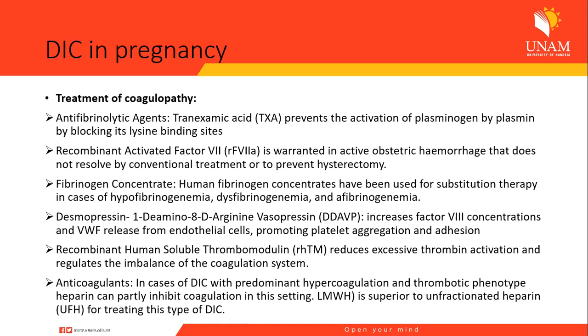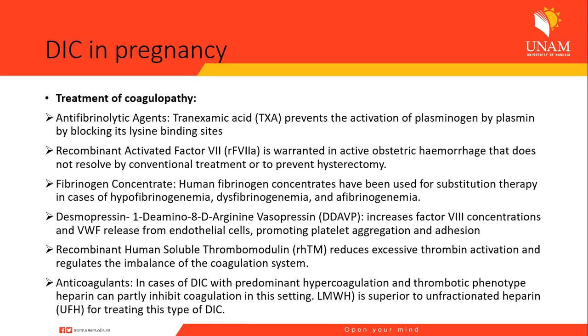Experimental care with the use of human fibrinogen concentrates has been tried, especially in cases of hypofibrinogenemia or dysfibrinogenemia, and even when there's no fibrinogen at all. So human fibrinogen concentrates have been used with success.